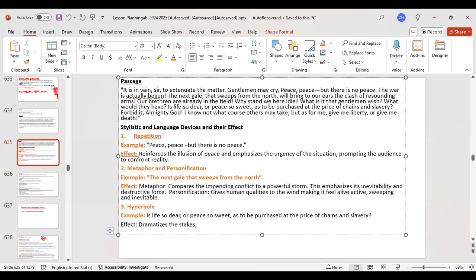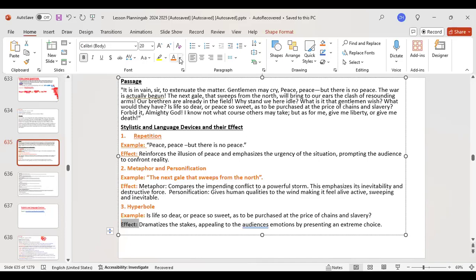So he dramatizes the stakes, appealing to the audience's emotions by presenting an extreme choice. That's the effect that it has.